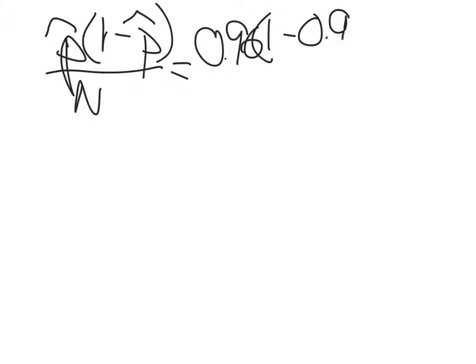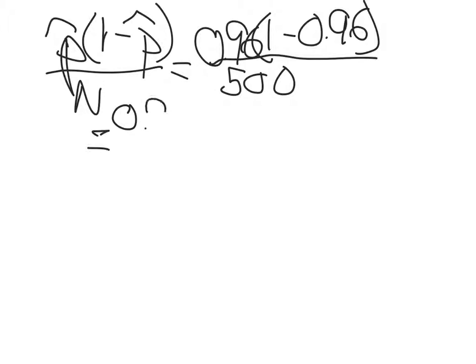And under the square root, we have p hat times 1 minus p hat, all over n. So let's just take a quick look at that. So that's going to be 0.96 times 1 minus 0.96 all over my n of 500. Yes? Good.